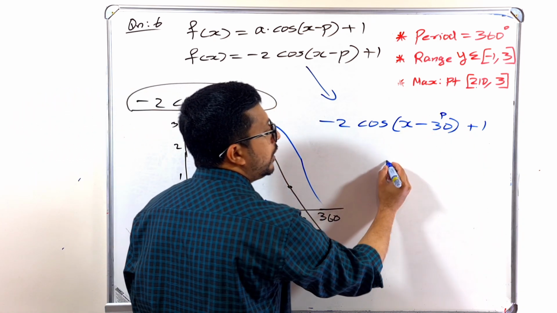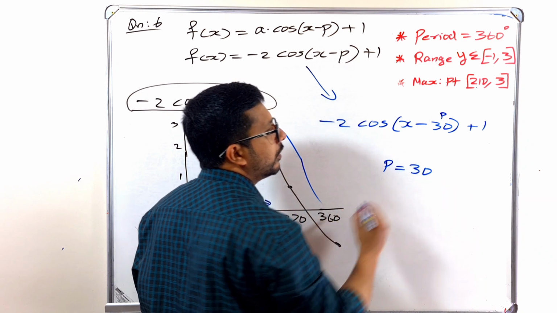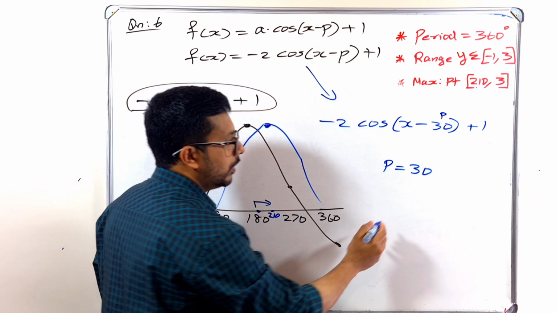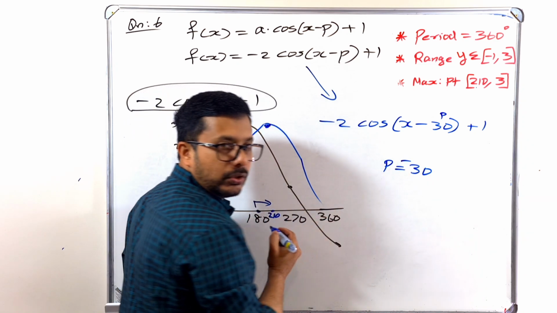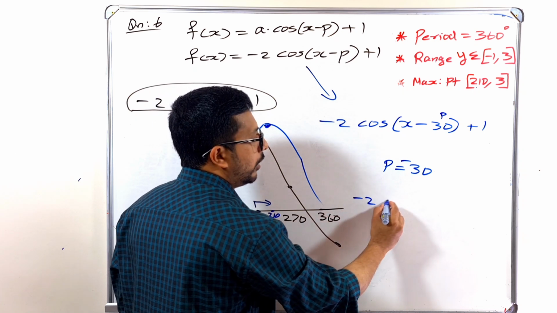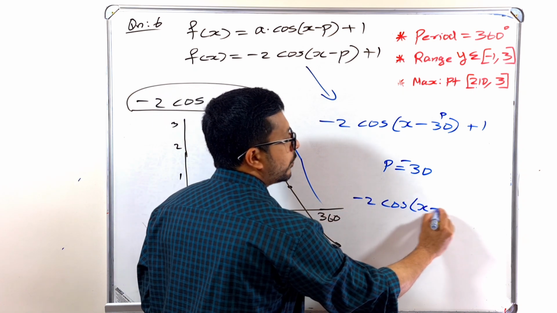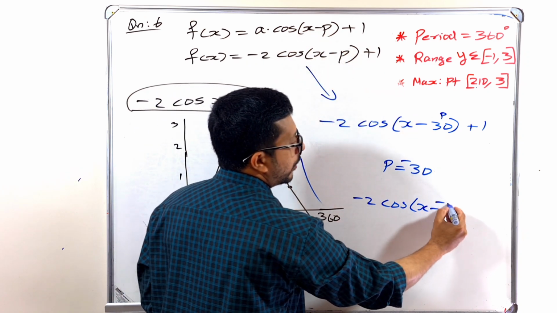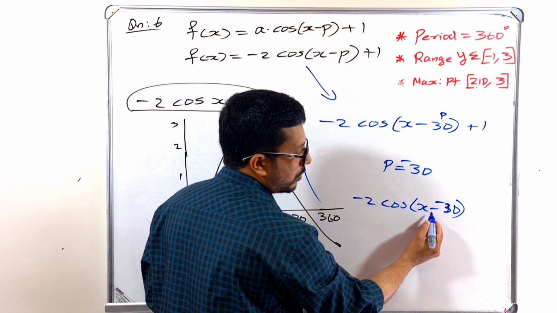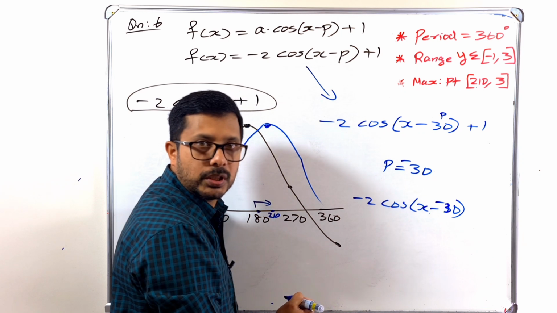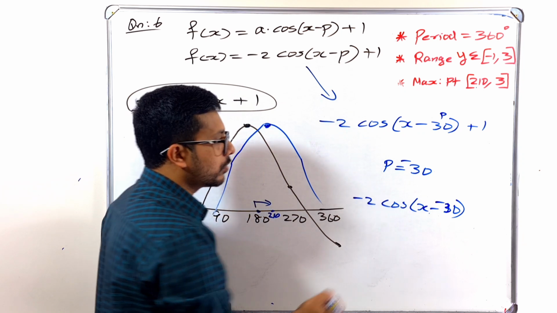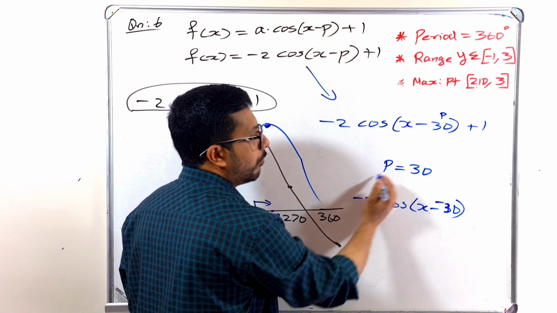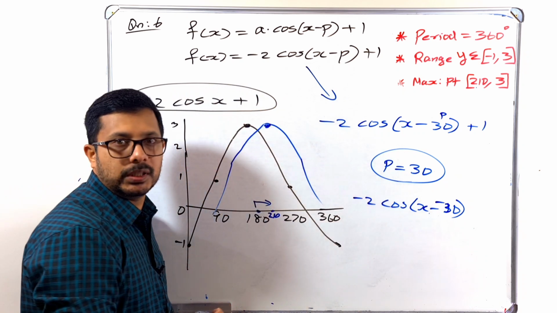The value of p is equal to 30. Don't write a negative 30, because if you write the value of p as negative 30, then what is going to happen? Minus 2 cos x minus, this minus is this one. Then if you write minus 30, this is going to be minus negative, which is positive. So that answer is wrong. Okay, so we have to write the value of p as positive 30.